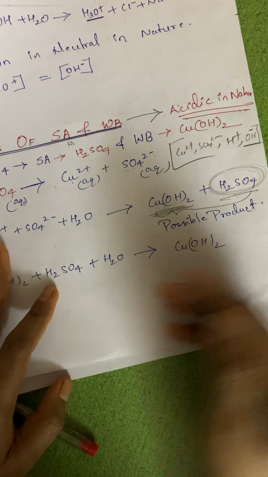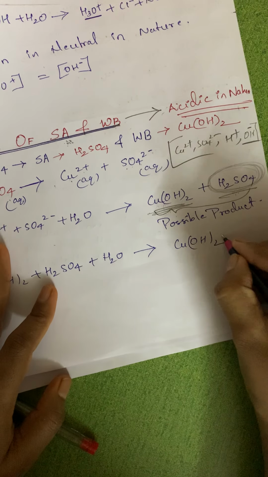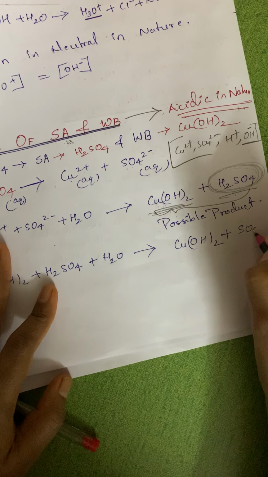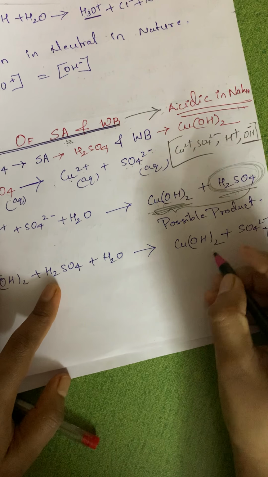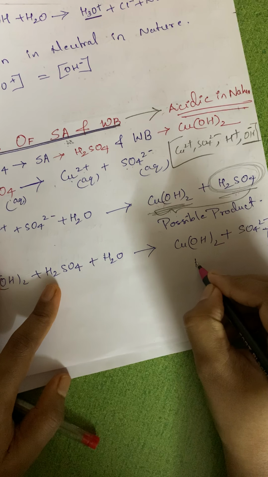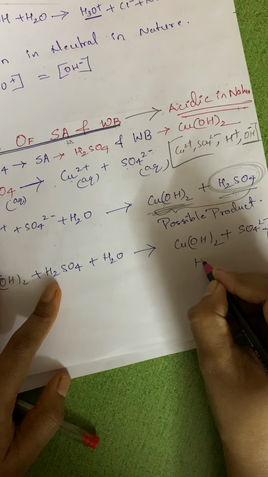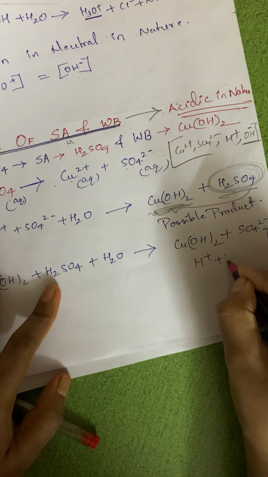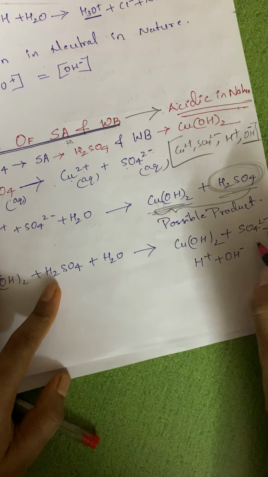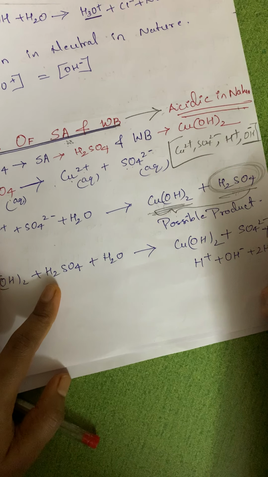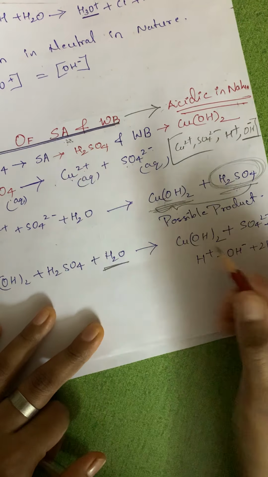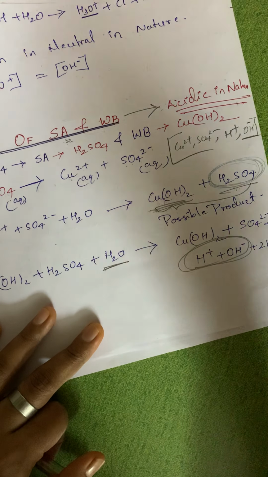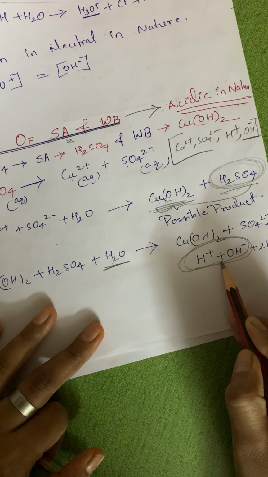It will form ions like H+, SO4 2-, plus H+ and OH-, and 2 molecules of H+ will be there. Now this is nothing but the molecule of water. I can write it as H2O as well.